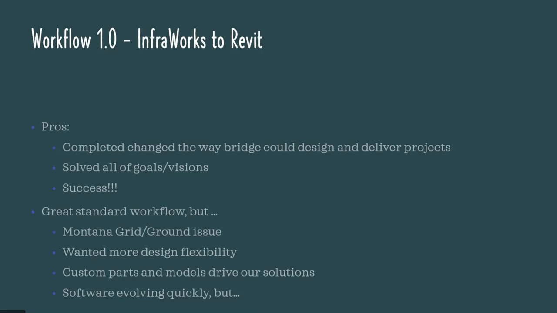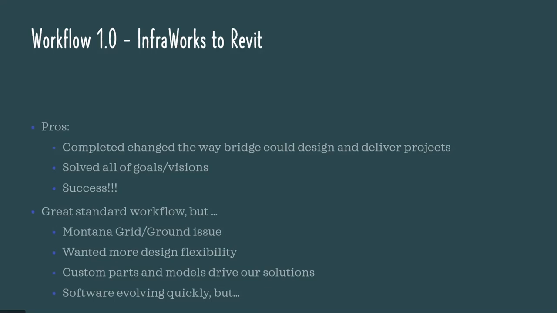That workflow requires we would put all our bridge parts in InfoWorks and then publish those to Revit. And in InfoWorks, our models were in grid. Montana has a kind of unique grid to ground issue, perhaps. A lot of times that value is really close to 1.